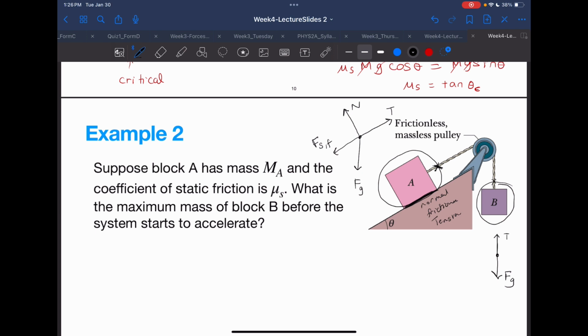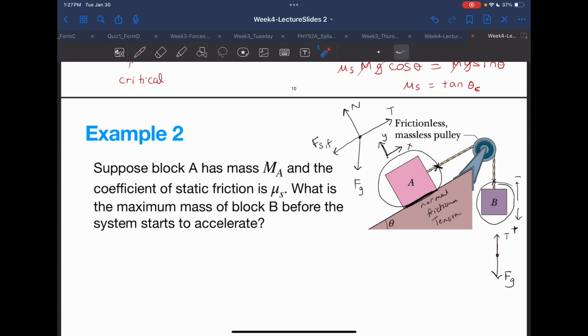For block A, we use a coordinate system where the x-axis points along the ramp and the y-axis is perpendicular to the ramp, and for block B, we can use our usual coordinate system. If you'd like to use positive down and negative up, to stay consistent with positive acceleration to the right equating to positive acceleration downward, that's perfectly fine.